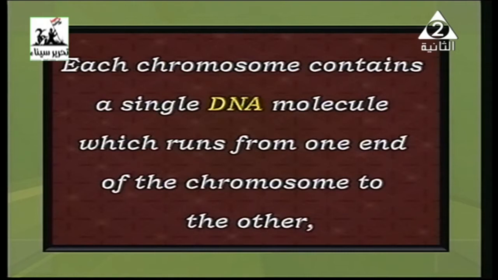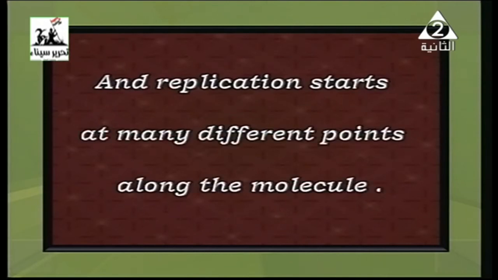Each chromosome contains a single DNA molecule, which runs from one end of the chromosome to the other. Also, replication starts at many different points along the molecule. It doesn't necessarily start from a definite or specific point.